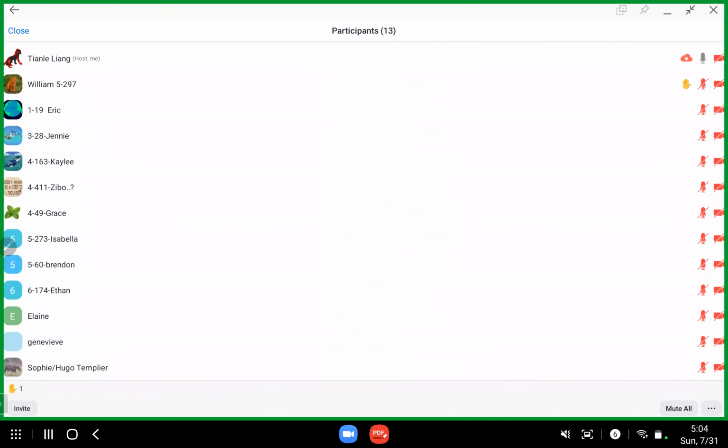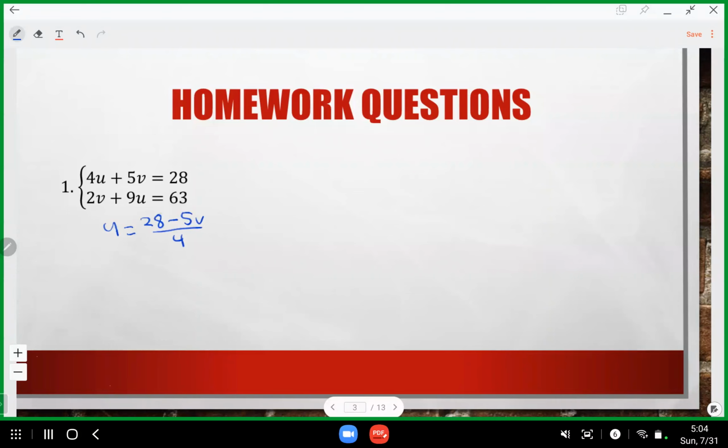William, how did you solve this? I first solved for U by turning U into 7 minus 5V over 4, using the first equation, 4U equals 28 minus 5V, so U equals 7 minus 5V over 4.